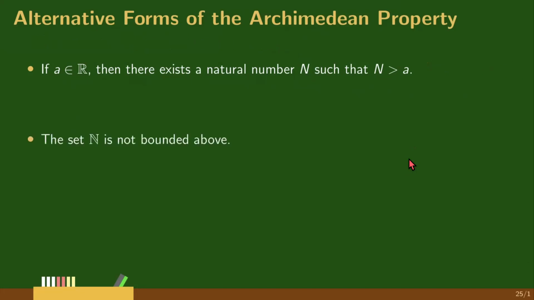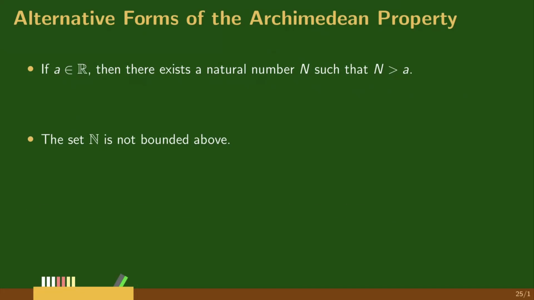Other version of this is the fact that n is not bounded above. Kumbaga, the fact that n is not bounded above is not because of anything, but it is because of the Archimedean property. Because kahit na anong i-propose mo na real number, there's always a natural number that exceeds it. And that will prove the fact that n is not bounded above.